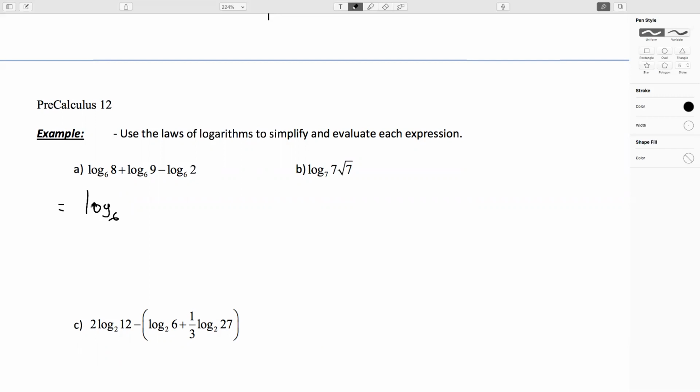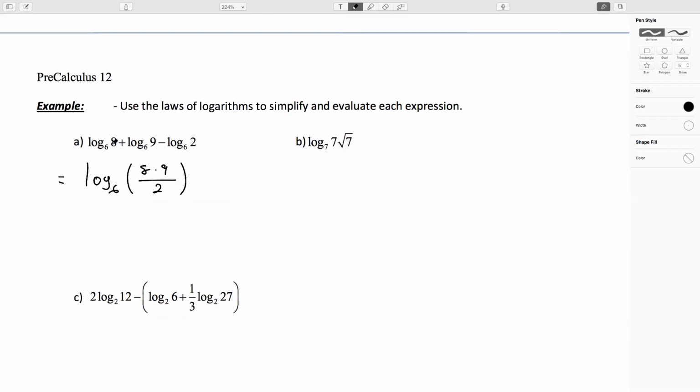The ones being added become numerators, and the ones being subtracted become denominators. So this becomes log base 6 of 8 times 9 divided by 2. 8 times 9 because it's log base 6 of 8 plus log base 6 of 9. And then divided by 2 because we're subtracting log base 6 of 2.